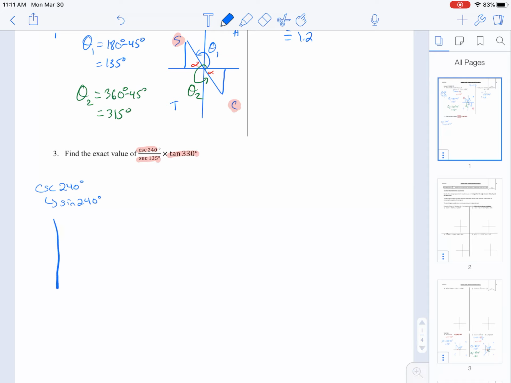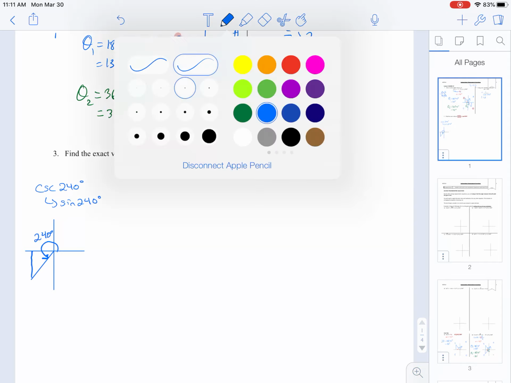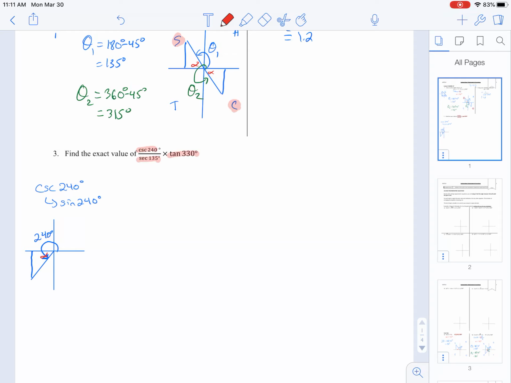And for sine 240, you may have to do a little sketch here if you're not confident about what you're going to get. So 240 would be here. You can see why the special angles become so important to know, because they're always going to pop up in different places.